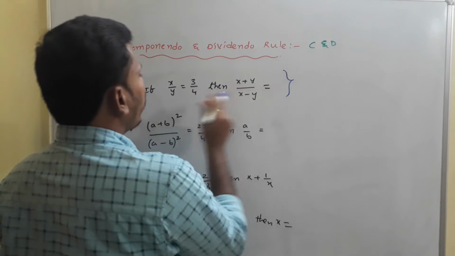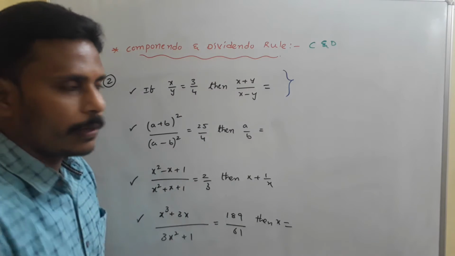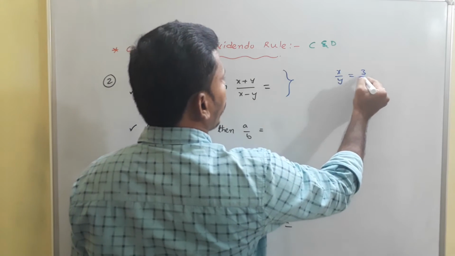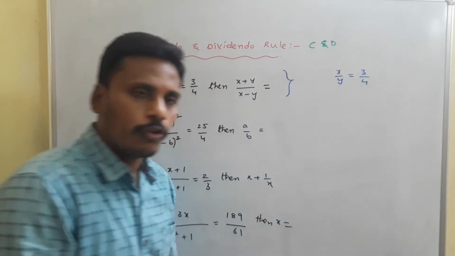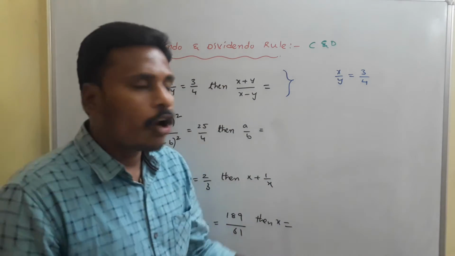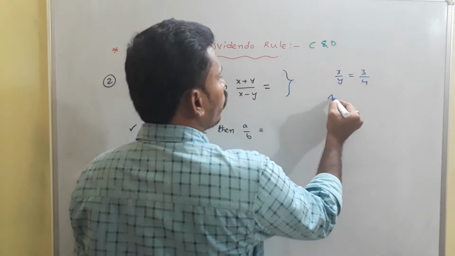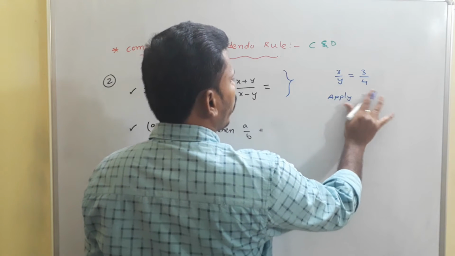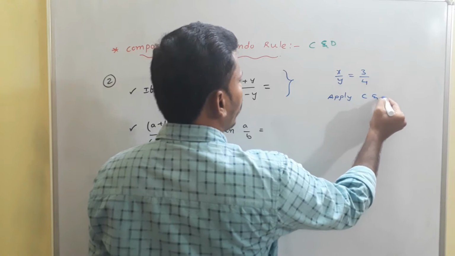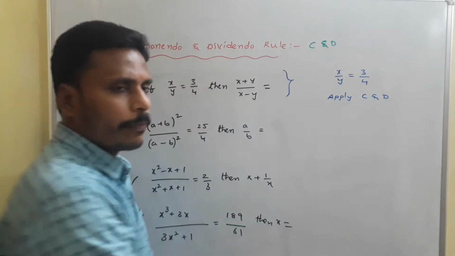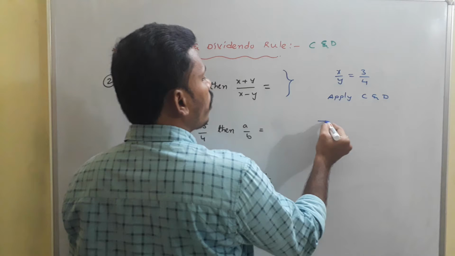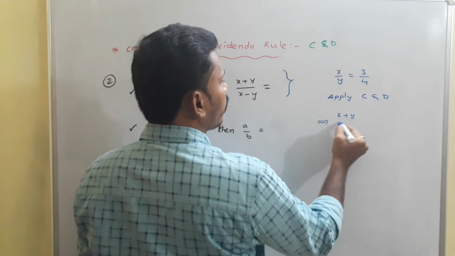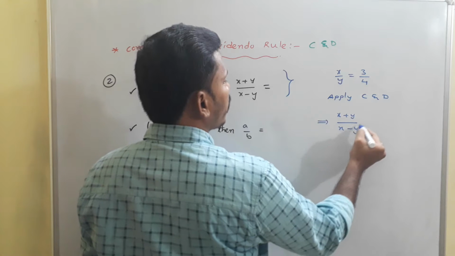See, x by y is equal to 3 by 4 is given. I have two fractions with an equality sign in between them, like x by y is equal to 3 by 4. Then, according to the componendo and dividendo rule, we apply it: add numerator and denominator here and subtract numerator minus denominator.